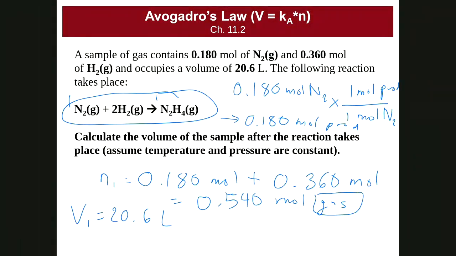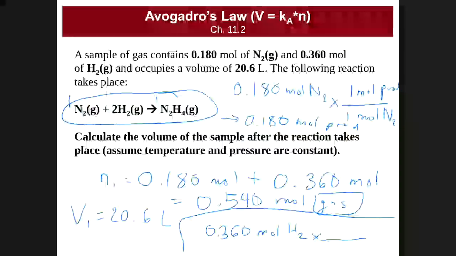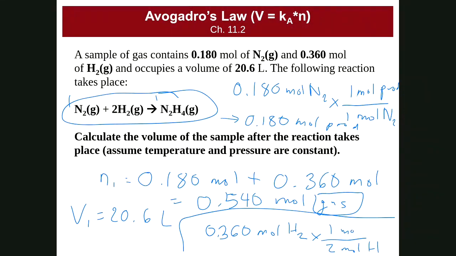So we have 0.360 moles of hydrogen. I'm going to write down here now. And our mole ratio is going to be 2 moles of hydrogen for 1 mole of product. So we actually see that we're going to end up with the same number of moles of product.